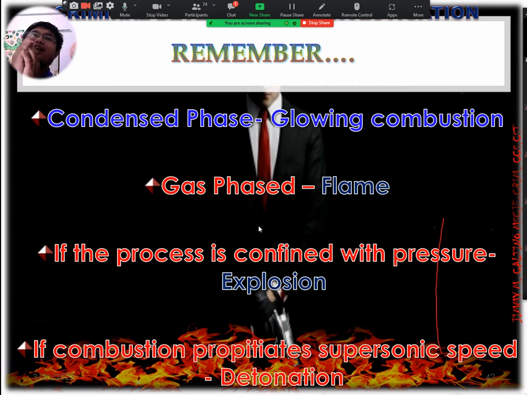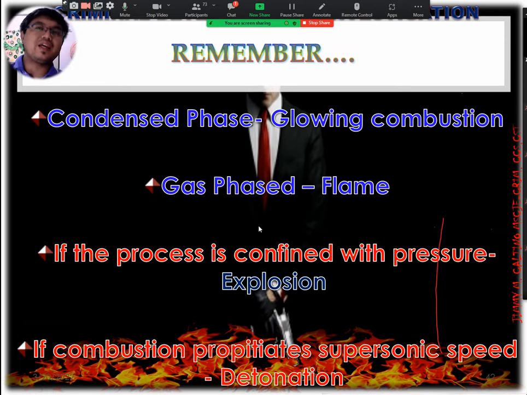Okay? Ang nangyayari sa combustion is glowing combustion. Pagbabaga-baga pa lang yan. Pero pag ang sinusunog mo ay purong gas na siya, that is gas phase already, there will be flame. Okay? So when you talk about condensed phase, one of the elements of the fire nagkukulang siya. That's why you have the glowing combustion.